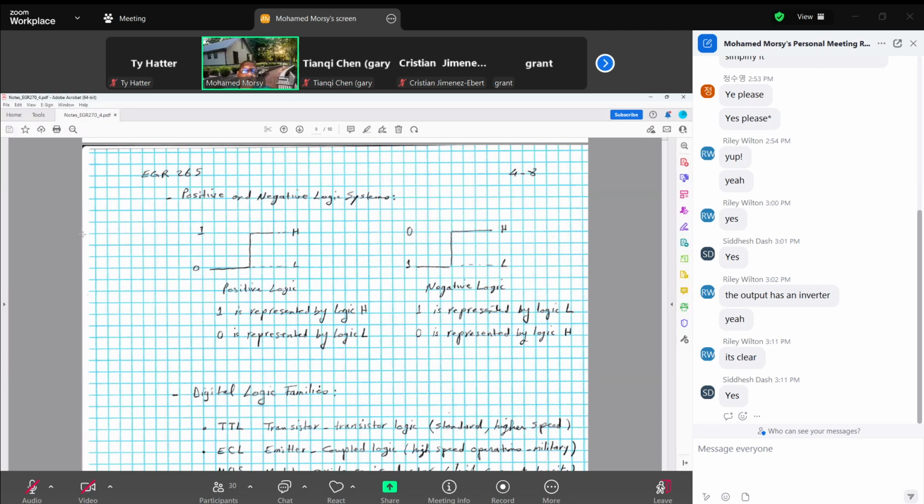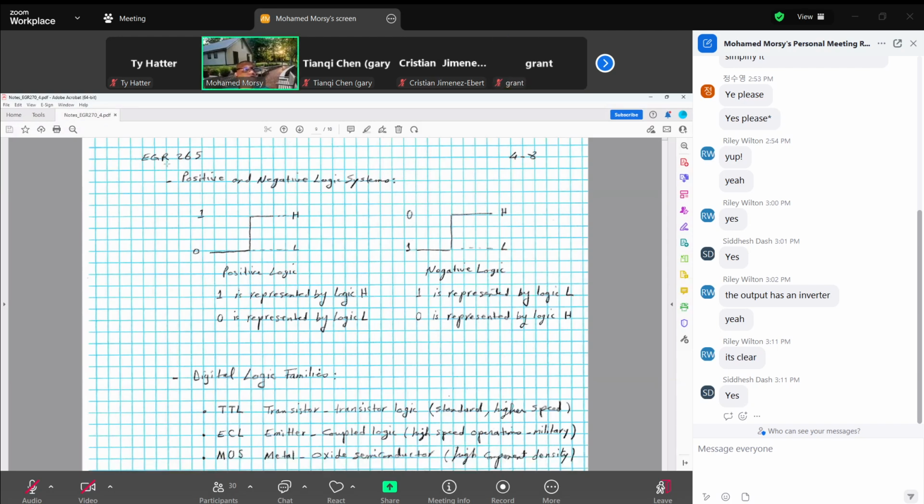But sometimes we have to use the reverse, which means bit 0 for logic high and bit 1 for logic low, for design purposes. If we use bit 1 for logic high and bit 0 for logic low, as you see here, this is called positive logic. If we use bit 0 for logic high and bit 1 for logic low, this is called negative logic.